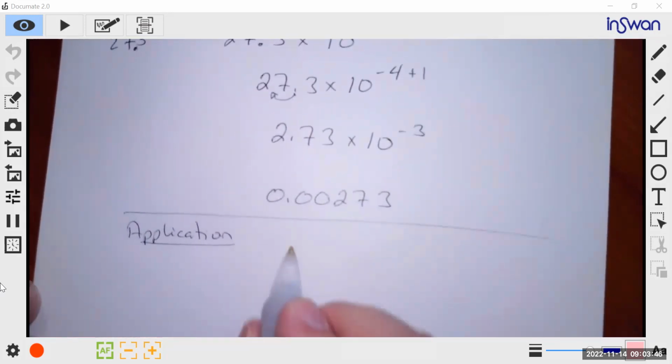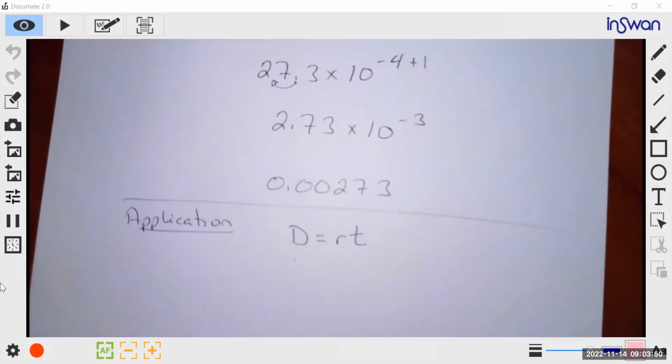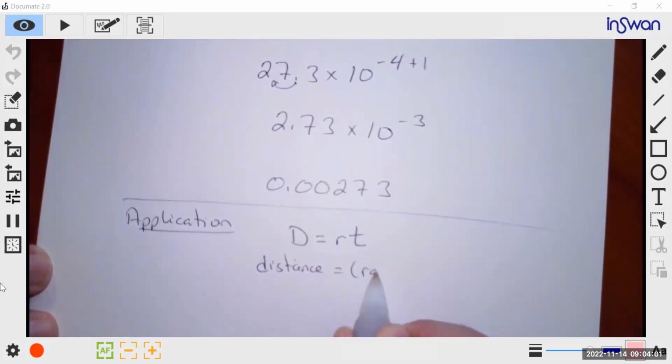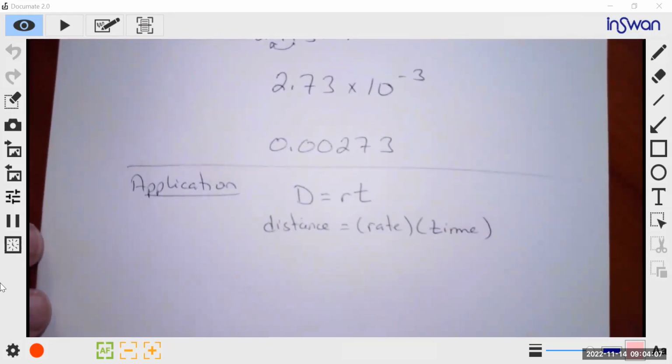Here's an application. In physics, motion problems, distance equals the rate you travel times how long you travel. Distance equals rate times time.